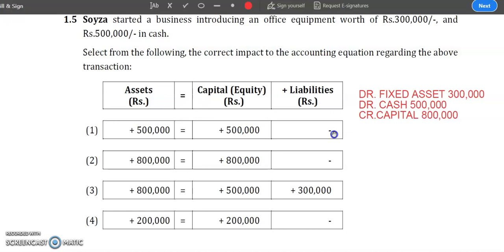So the correct answer is answer number 2, because the total assets will be 800,000 and the total equity will be 800,000, because there are no liabilities mentioned in this question.